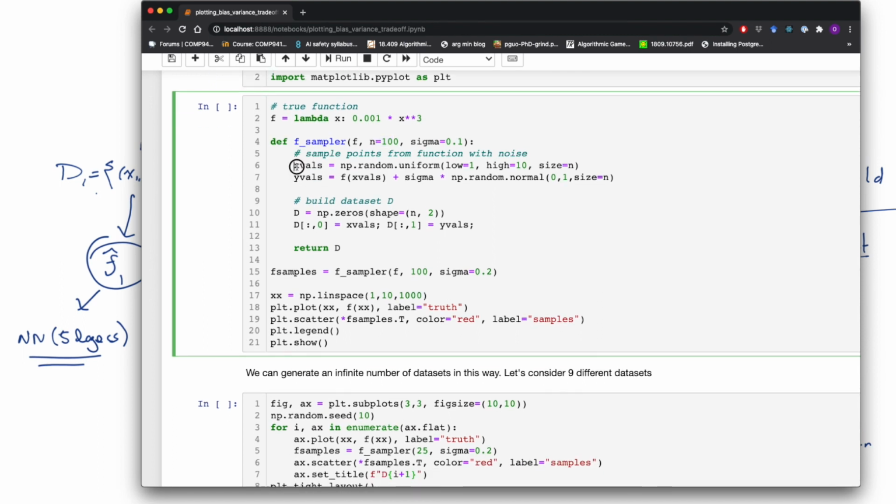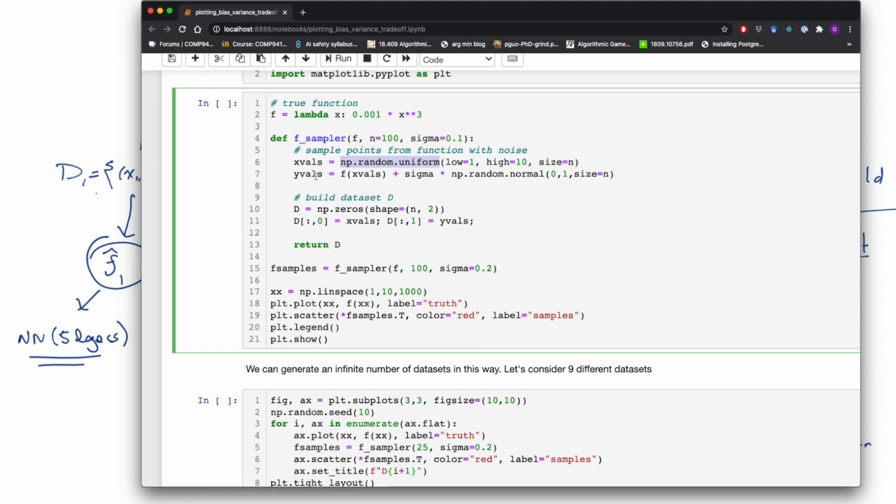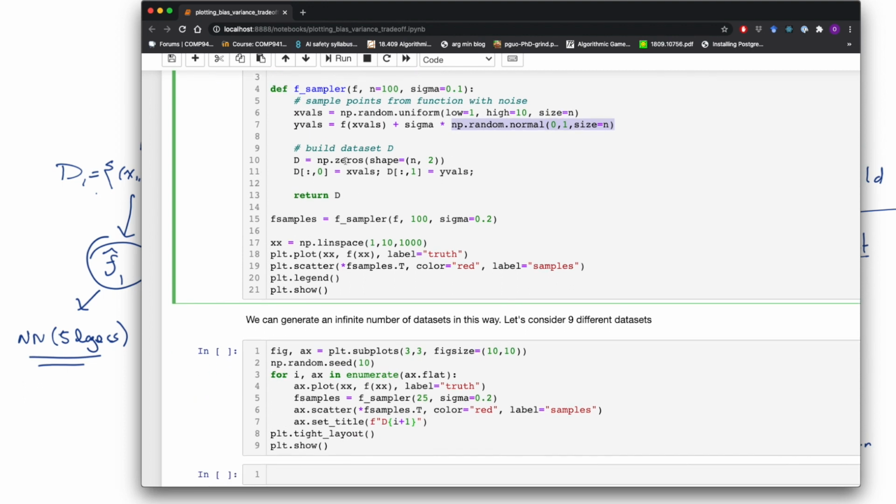My x vals, I've just sampled uniformly on the grid from 1 to 10. My y values are the function evaluated at those values plus sigma times normal random variables. Sigma times normal is the same as normal 0 sigma squared, right? And then I build my data set and return it. So all this function is doing is sampling 100 noisy points from my true function.